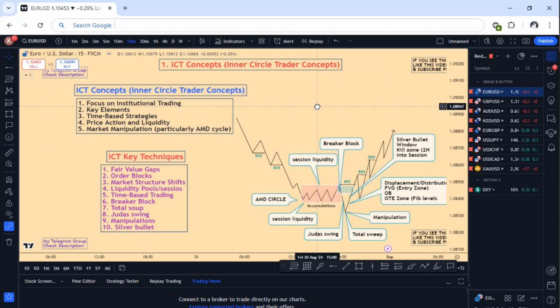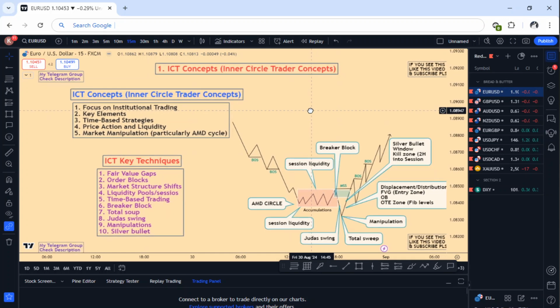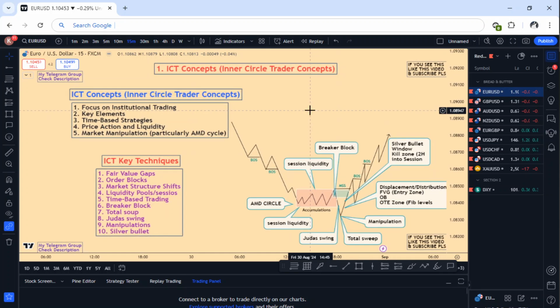Now ICT concepts, or generally the inner circle trading concept. So on the focus part, let's check these particular points before we dive into the detailed analysis. Now ICT focuses on institutional trading.